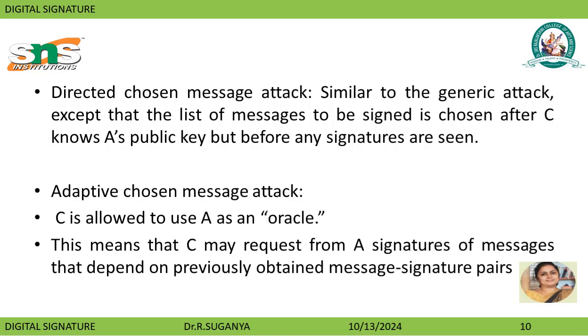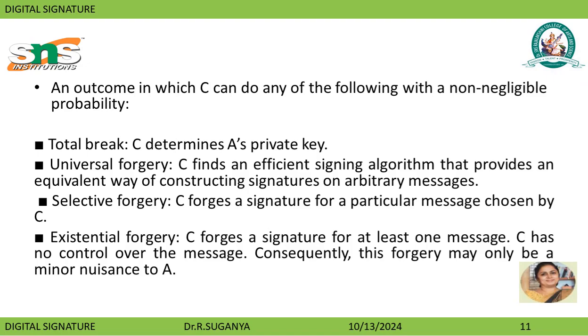Adaptive chosen message attack: C is allowed to use A as an oracle. This means that C may request from A signatures of messages that depend on previously obtained message-signature pairs. An outcome in which C can do any of the following with non-negligible probability: total break, universal forgery, selective forgery, existential forgery.